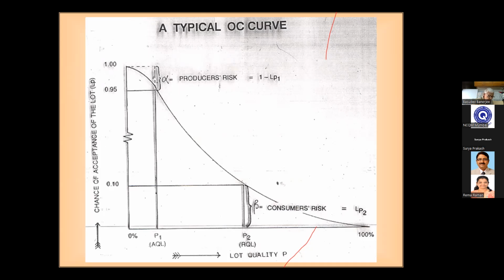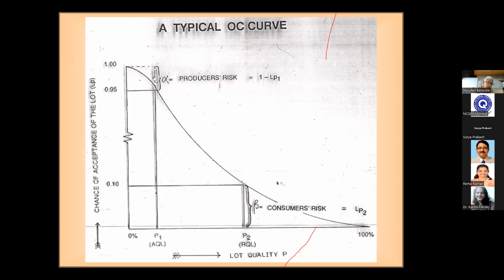Ideally, the OC curve will have chance of acceptance 1 up to AQL and 0 after AQL. But a typical one doesn't happen that way. A typical OC curve is shown this way.